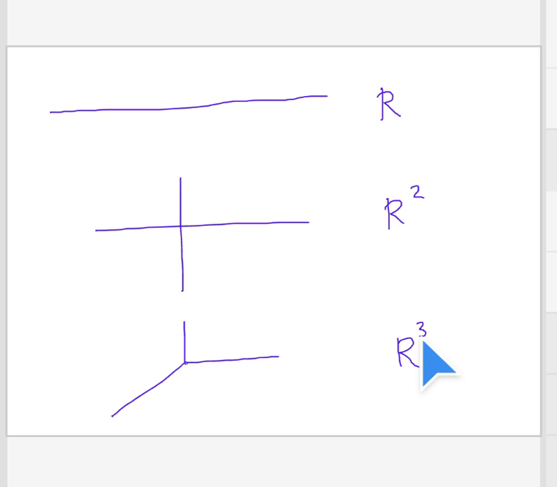In R, the open interval is as you see here.